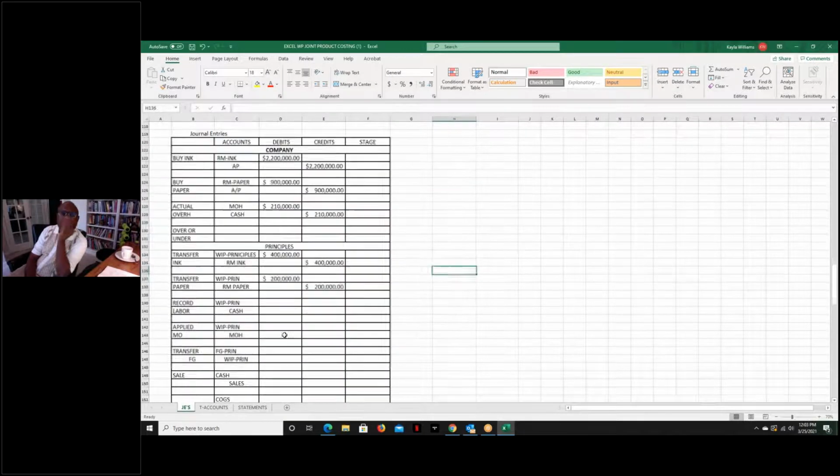So 2,200 times 10 is 22,000. Okay. So then our applied manufacturing overhead is going to be the same 2,200 actual labor hours times the activity rate, which is 8, for 17,600.